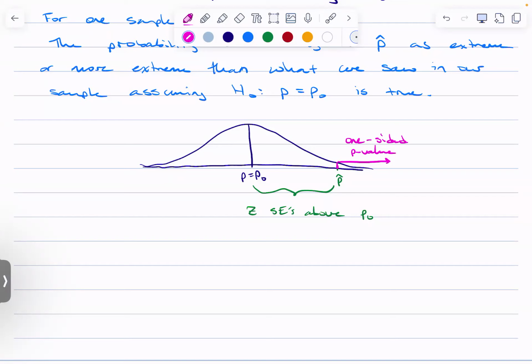The area in one of the tails is a one-sided p-value. When HA is that P is not equal to P naught, we say we have a two-sided test.